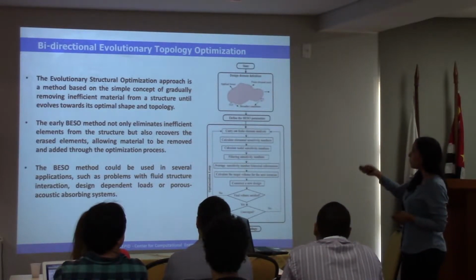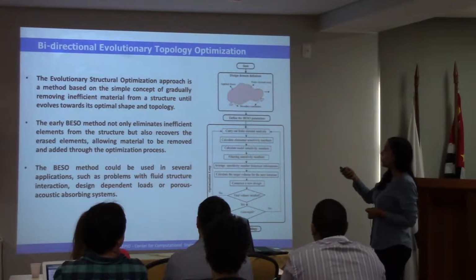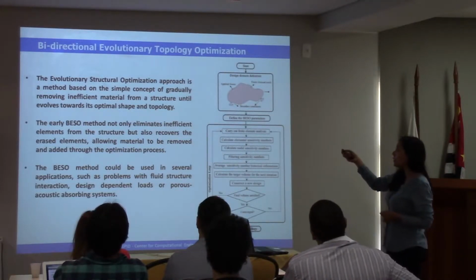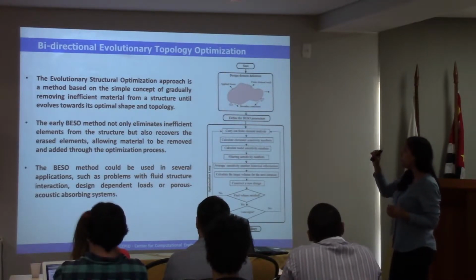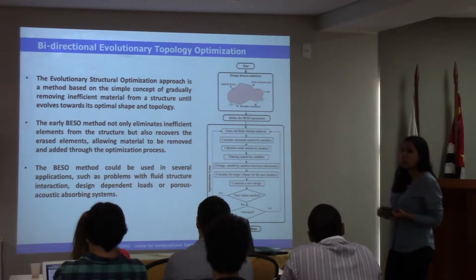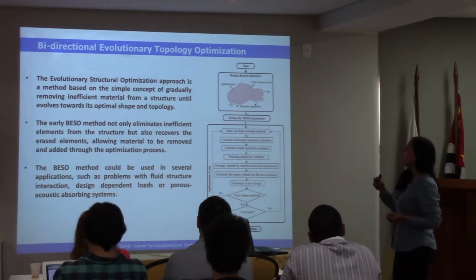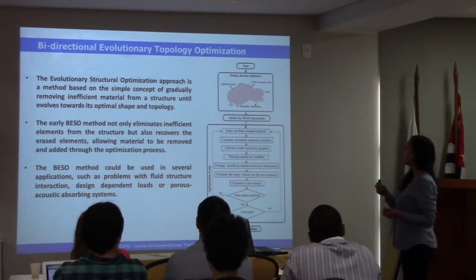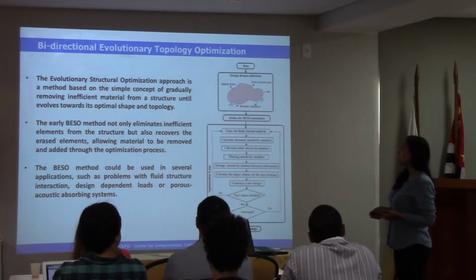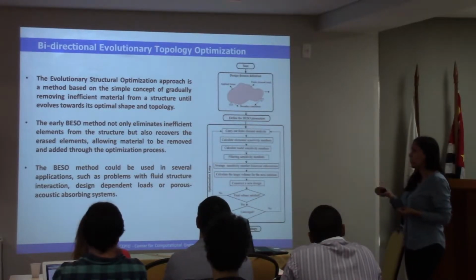Here is the algorithm. We start, as we said, with the design domain. We divide it into elements. We define the loading conditions and the boundary conditions. After that, we define the basic parameters.